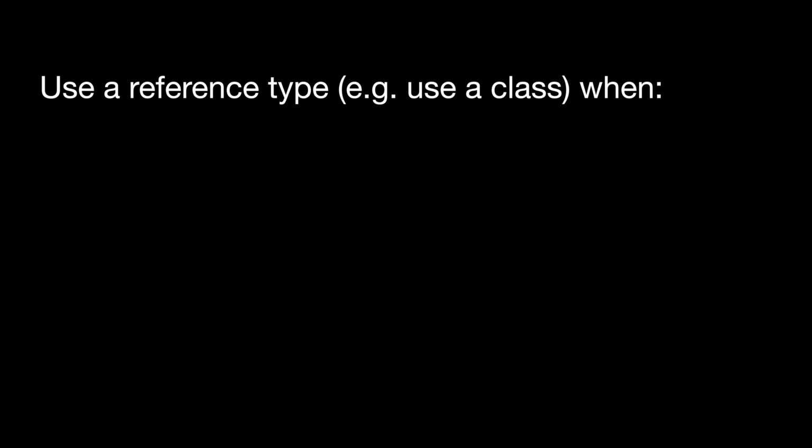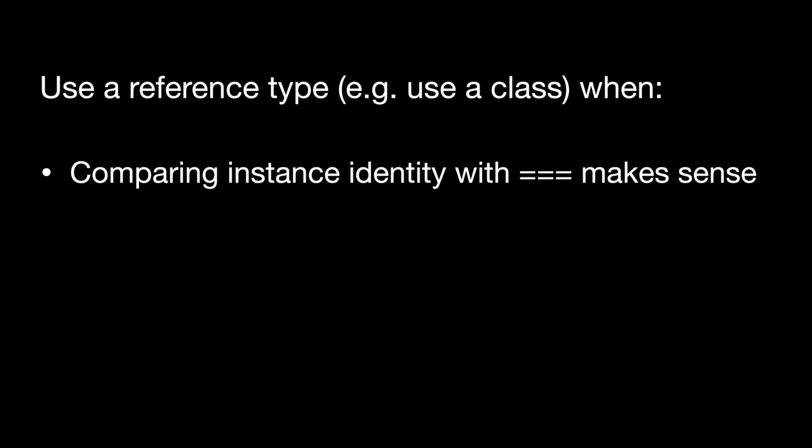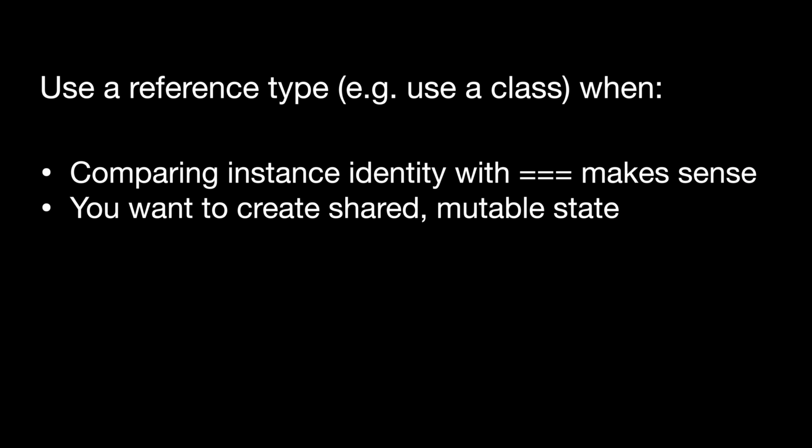With reference types, there are a couple of easy to follow guidelines. First, if at some point you want to compare the identity of objects, you want to know if the instance you created is actually the same instance as the other object. Second, when you want the state of a reference type to be observed by several objects and receive the same state.